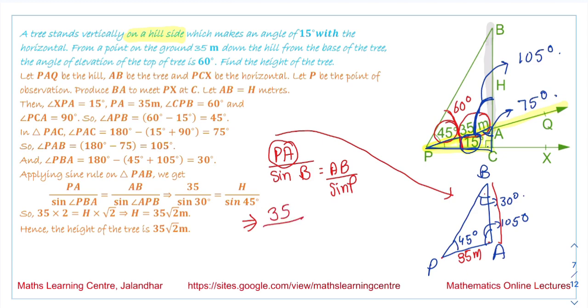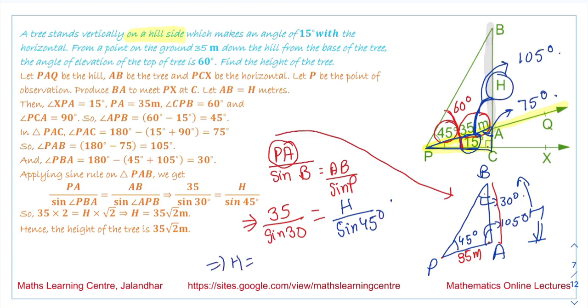The angle at B is 30 degrees, so it is sine 30, equal to AB, the required height, which we call H, over sine of the angle at P, in this case sine 45 degrees. So the value of H is 35 sine 30, which is 1/2, times 2, times sine 45, which is 1 by root 2. So the answer we obtain is 35√2 meters.